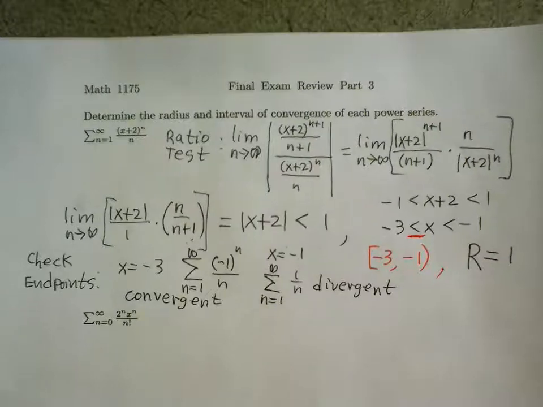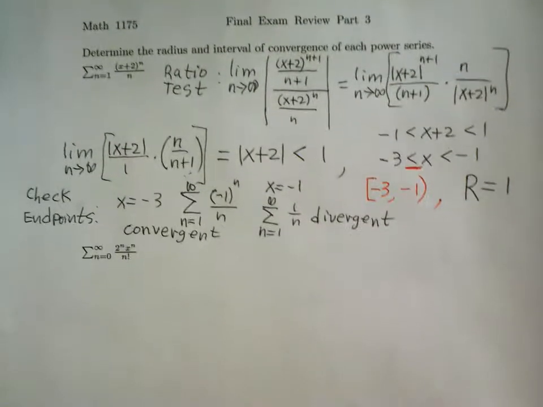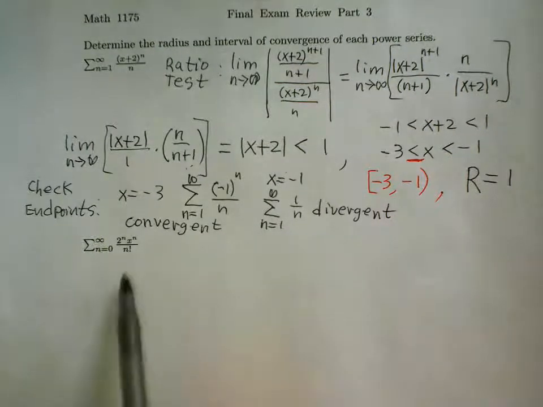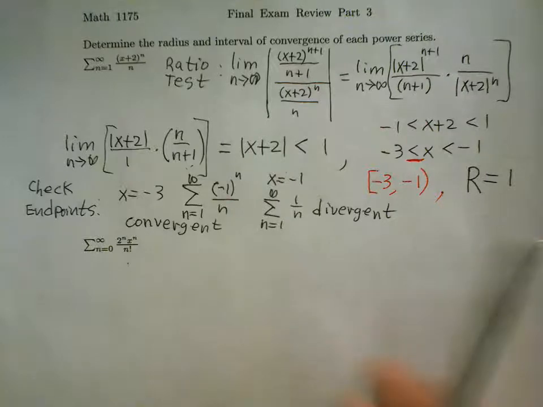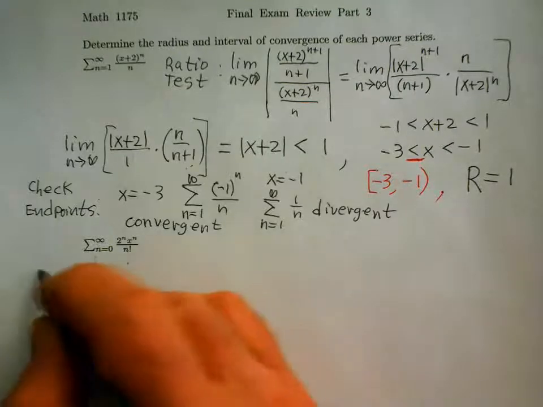In the next example, find the radius and interval of convergence. So this time the terms in the series are 2^n times x^n divided by n factorial, and n ranges from 0 to infinity. Well, let's use the ratio test again.